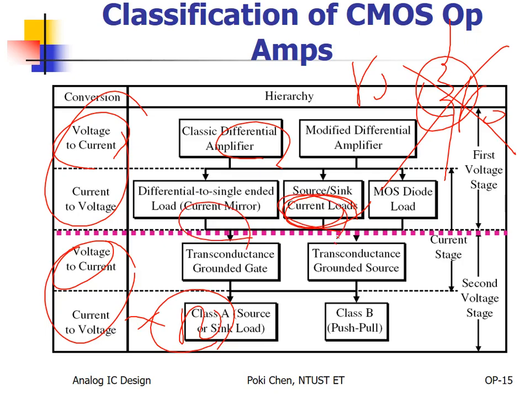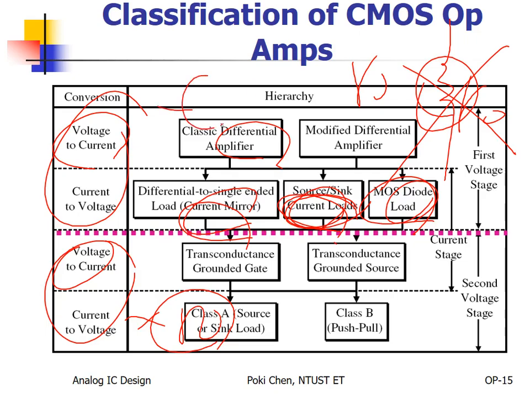But sometimes we wouldn't like to have too much gain. Then we can apply diode load. Diode connected means the resistance is rather low, compared to current source or current mirror. But why? We wouldn't like to have such kind of high gain according to bandwidth.